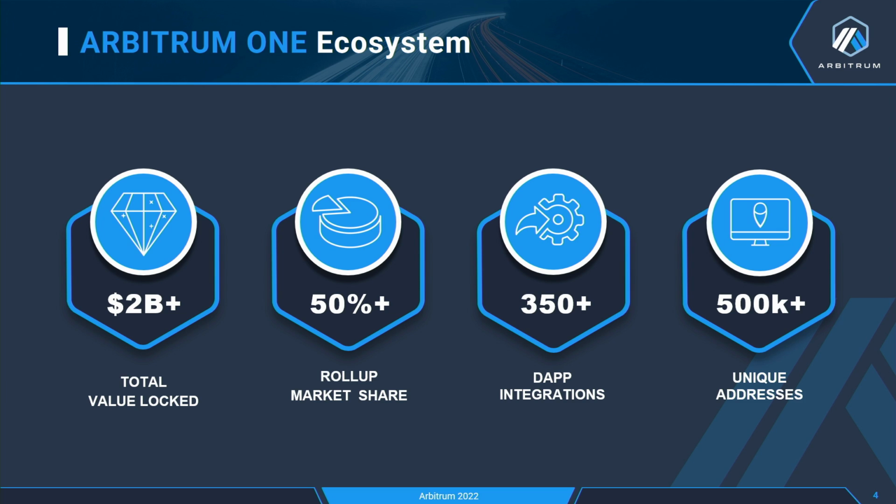Now, with the market downturn, I think we're around 2. But that's the whole ecosystem, not just us. Our market share of the rollup space in general, of the L2 space, is over 50%. So if you want to use Ethereum scaling solutions, you want to use Arbitrum, I would say. And there's a huge number of dApps and unique addresses already in the system that are there to use your product, to interact with, to anything you want.